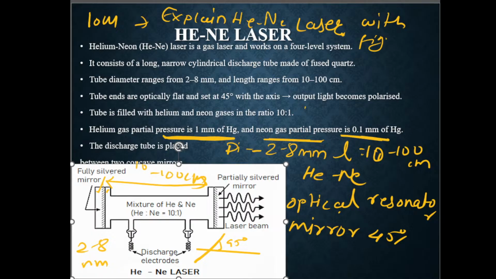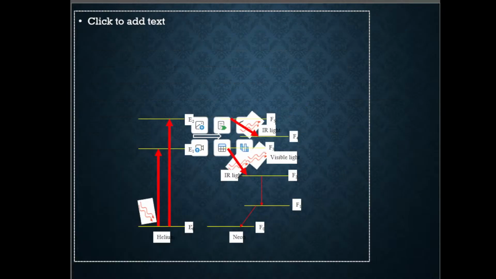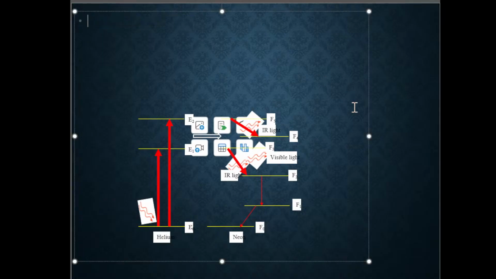That mirrors are at 45 degrees to the axis of the cylinder. ठीक है. तो whatever the things we are explaining, that is enough for the helium and neon laser with this diagram. ठीक है. And the next important thing is working.